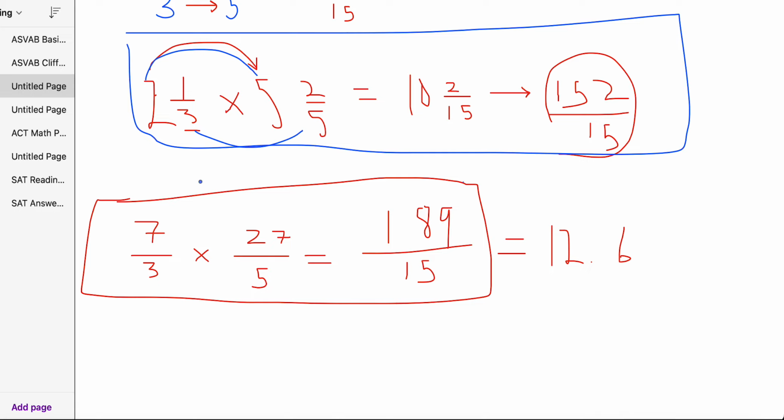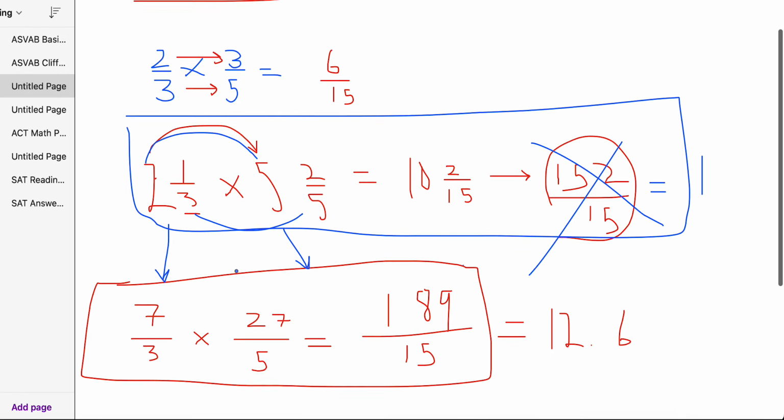So with fractional multiplications, what you want to do if you get improper fractions is to convert it to proper fractions like we did here first, before carrying out the multiplication operation. So hopefully that point is made clear. When we did this, the value doesn't equal what we should get, which is about that 12 point something. So this doesn't work. This works.